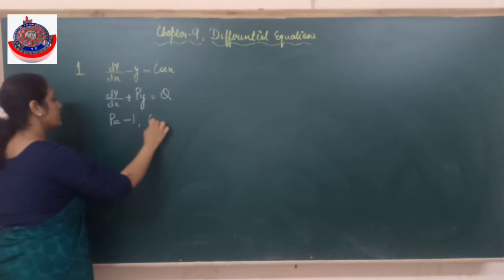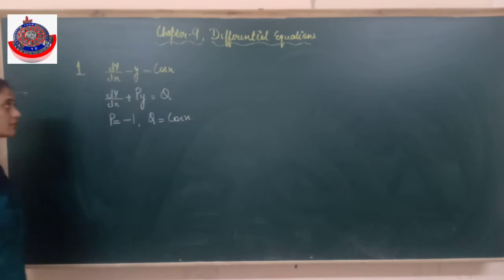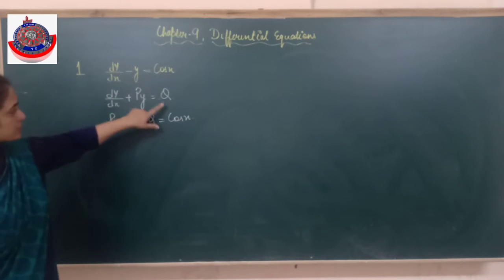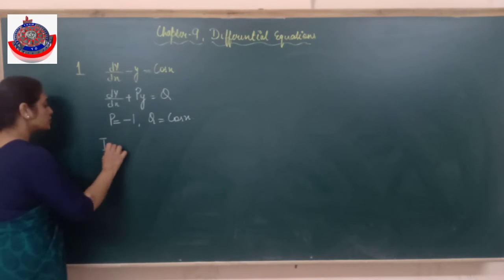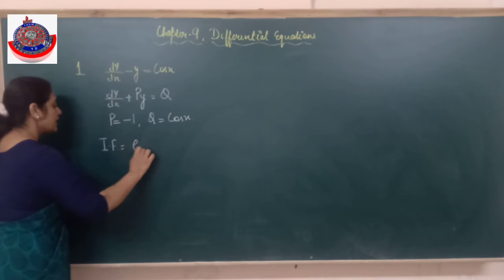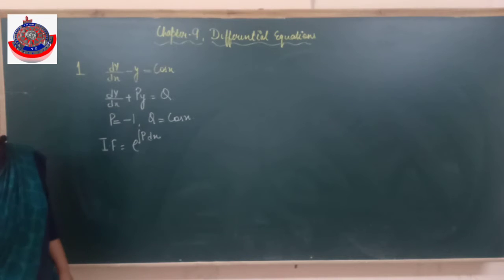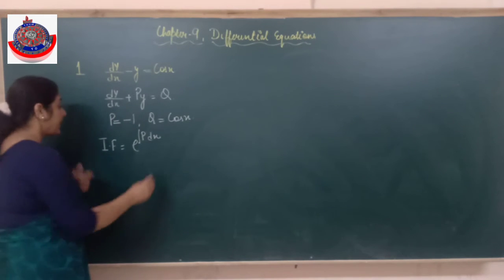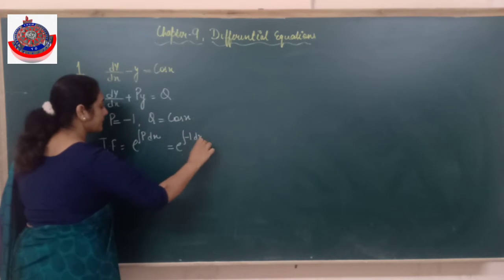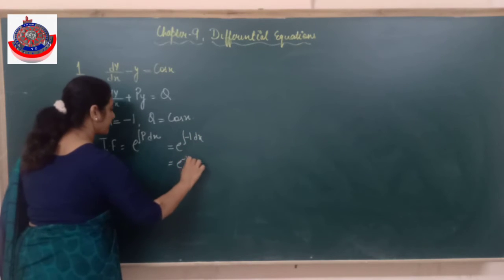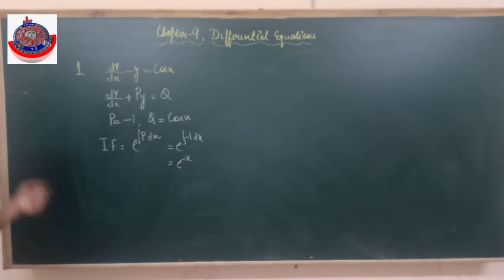Minus 1, I told you it can be a constant, and q is cos x. Compare, p is minus 1, q is cos x. Now what was the next step? To find the integrating factor, that is e to the integration of p with respect to x. So I have e to the integration of minus 1, which will be x.